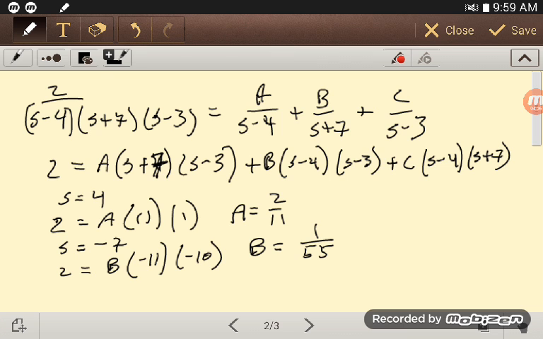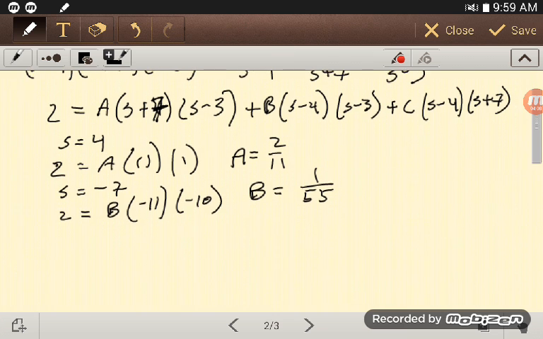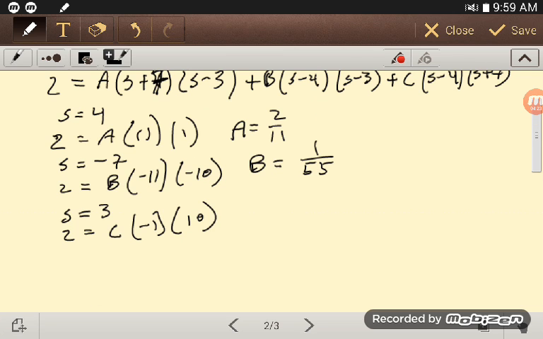And then finally, for C, if I let s equal 3, then we have 2 equals C times negative 1 times 10. So in that case, C equals negative 1 over 5.